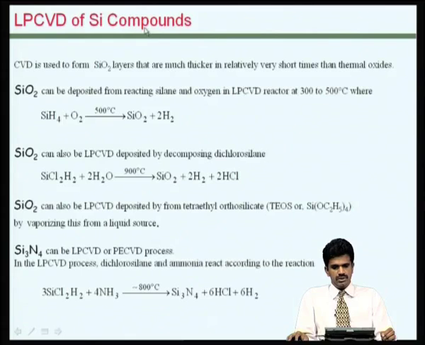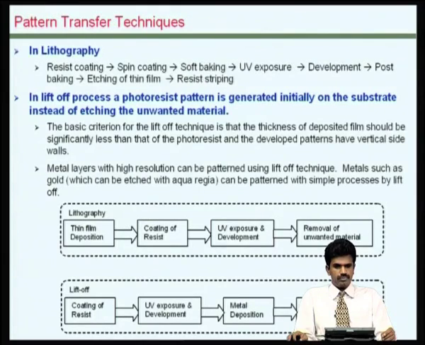One needs to ensure the process conditions, which are the temperatures and pressures, appropriately, so that the film growth could be controlled. As I mentioned, silicon dioxide and silicon nitride are useful as the masking material in bulk micromachining. Pattern transfer can be done using lithography or lift-off techniques.